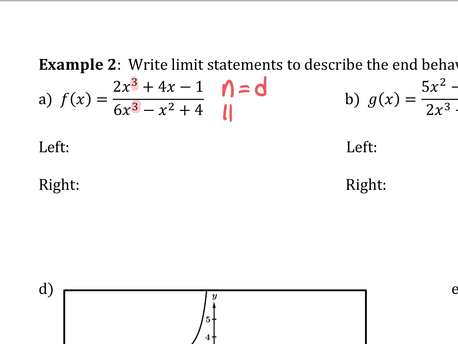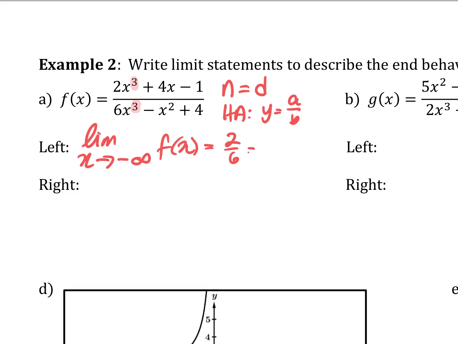It means that our horizontal asymptote is going to be the ratio of the numerator and the denominator's leading coefficients. So let's see in here. We're going to write the limit statement as x approaches negative infinity of f of x is equal to 2 over 6. But 2 over 6 can be reduced to 1 over 3.